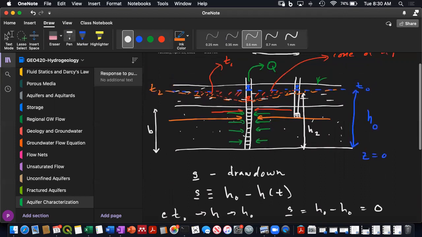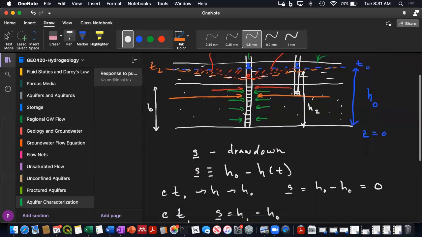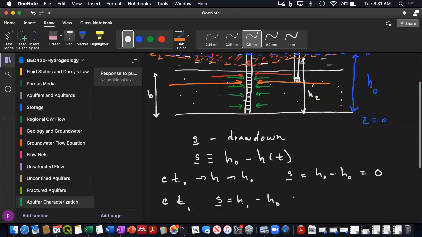And I drew this cone of depression so that it really is ending right at my well. So at T1 here, what would my drawdown be? Say that the cone of depression ends right before this observation well. So, okay, so once again, it would be 0.